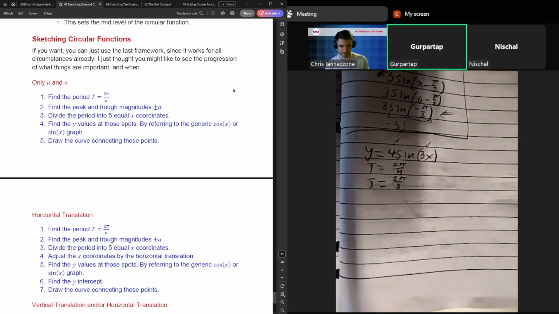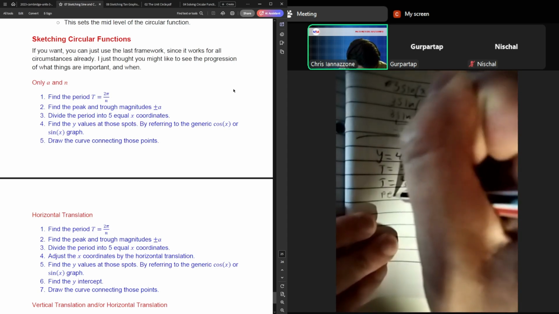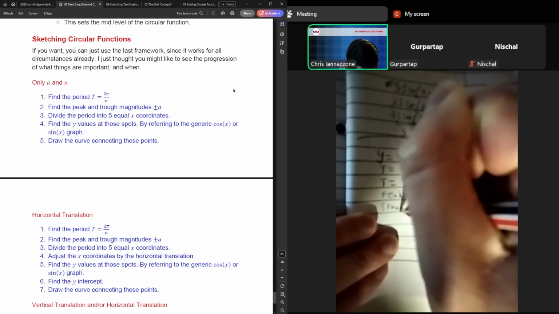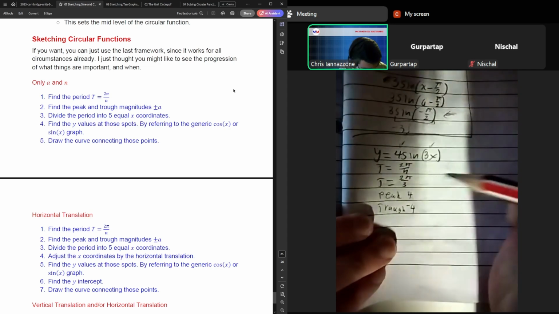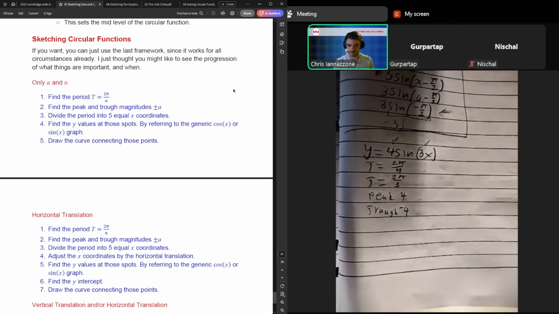Plus or minus 4. Yeah, so we're going to have a peak of 4, trough of negative 4 rather. All right, where do we go from here? Divide the period. Yep, divide it up.